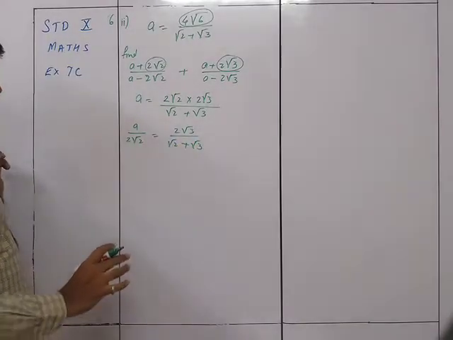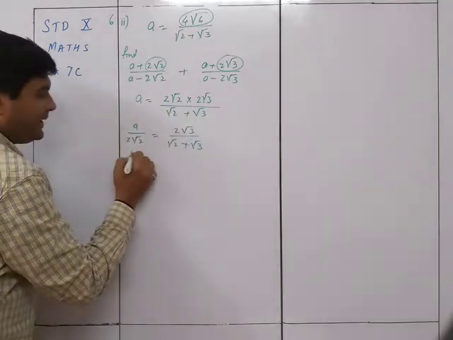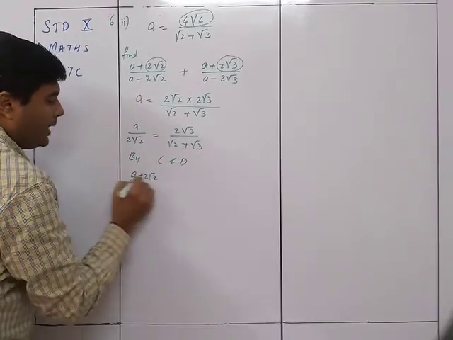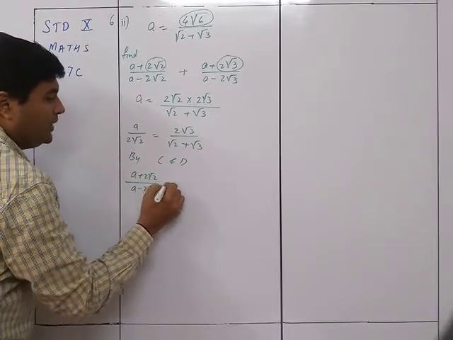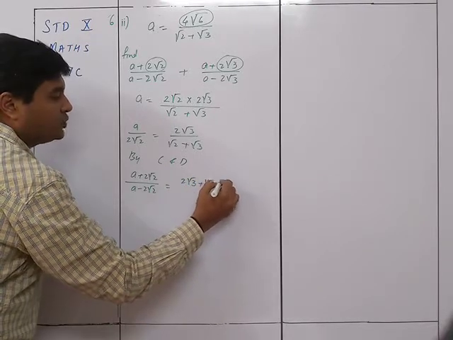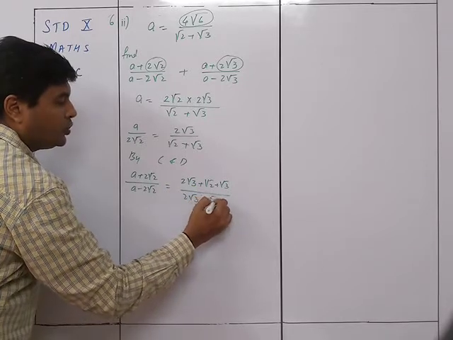Got it? Now apply componendo and dividendo to this thing. So by C and D we get A plus 2 root 2 upon A minus 2 root 2 is equal to 2 root 3 plus root 2 plus root 3 upon 2 root 3 minus root 2 minus root 3.